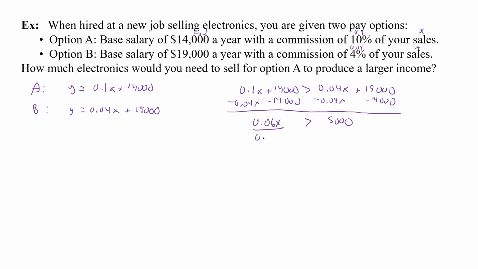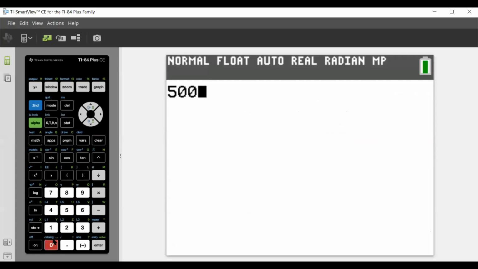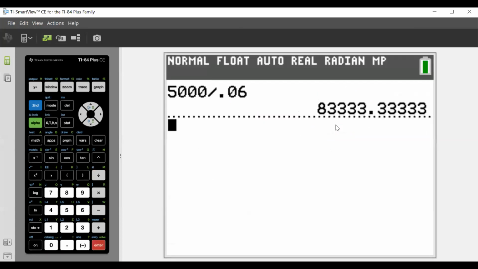So now I need to divide by 0.06. And so x has to be greater than 5,000 divided by 0.06. So we have to make more than $83,333 and 1/3 dollars basically.